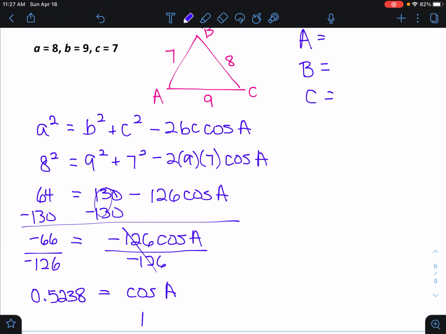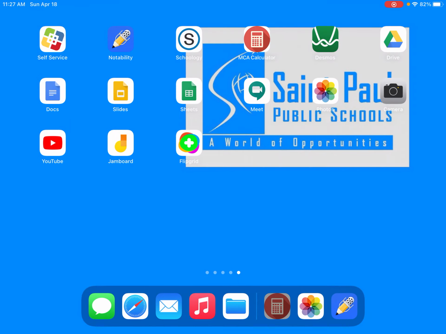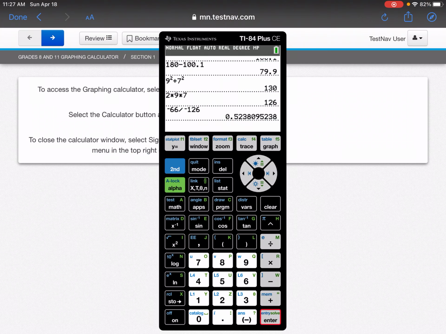Now, in order to get A, I need to take the inverse cosine of both sides, right? So we're going to go inverse cosine of the previous answer. And then that will give me the whole thing there.